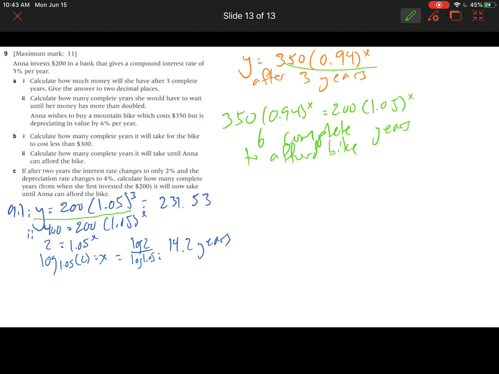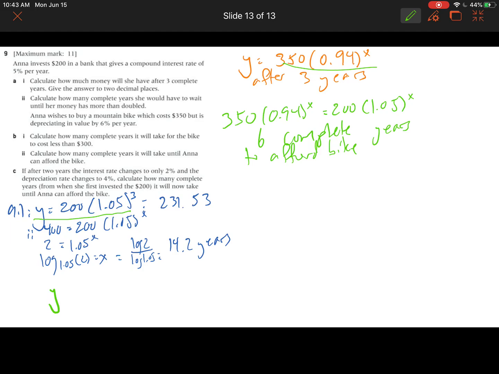If after 2 years the interest rate changes to only 2% and the depreciation rate changes to 4%, calculate how many complete years from which you first invested $200 it'll now take until Anna can afford the bike? This is an absolutely obnoxious question.